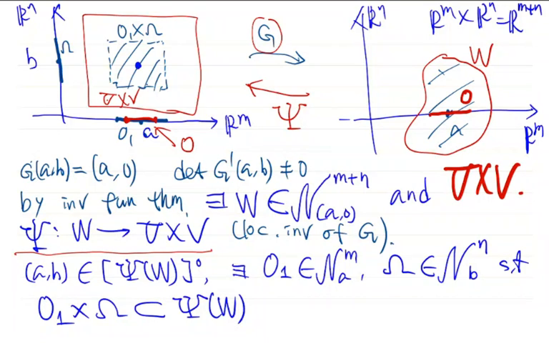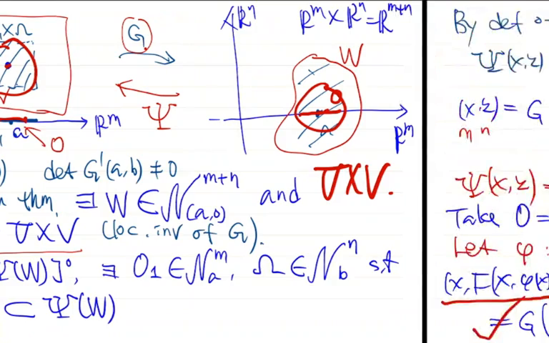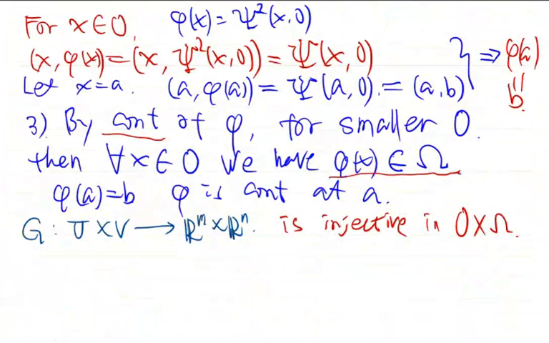You might have two different points in U cross V whose images under our map G are the same point in Rm cross Rn. But restricted to a neighborhood of AB, by the inverse function theorem, G is a local diffeomorphism from the point AB to the point A0 here. So near AB they are injective.